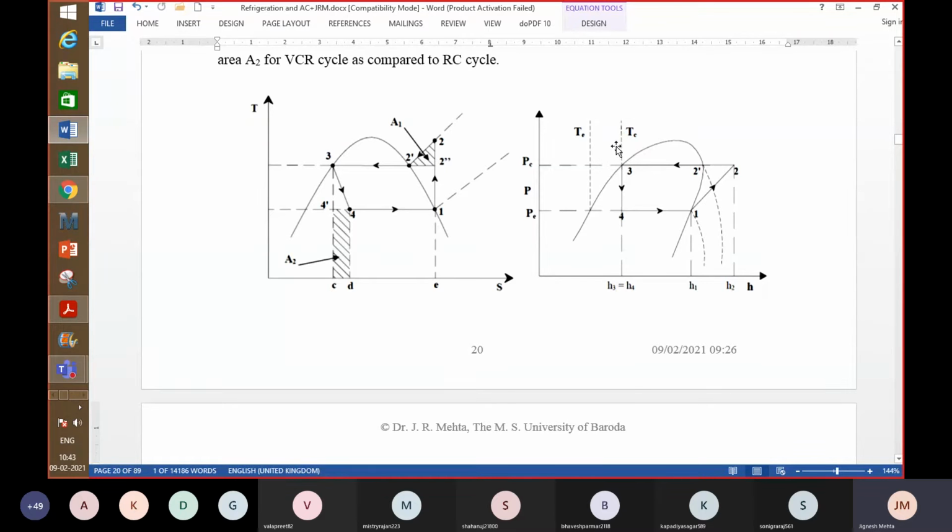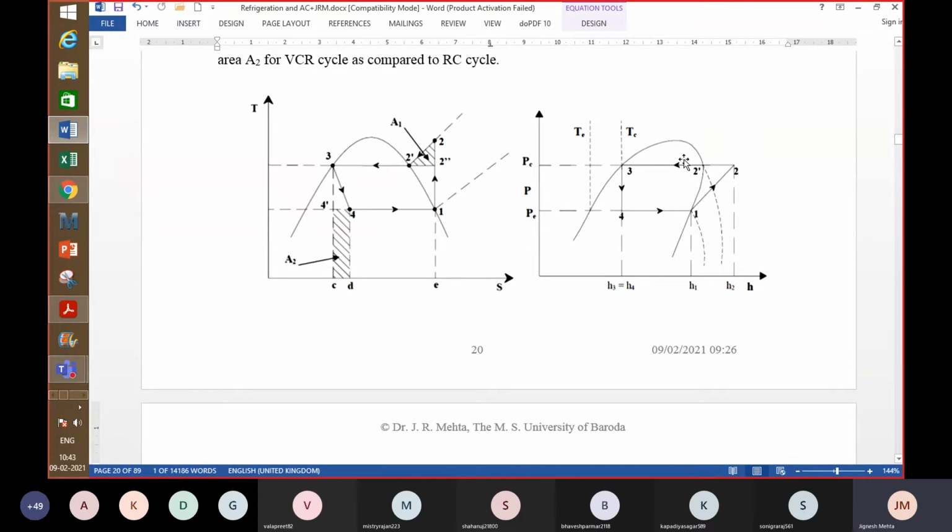Not exactly vertical, but a line with a very steep slope, right? Close to 90 degrees. And on the right hand side, in the superheated vapor portion, it will drop rapidly like this. That's the nature of the constant temperature line on the pH diagram.